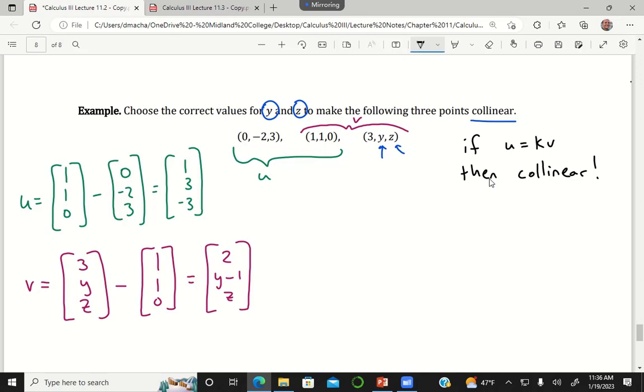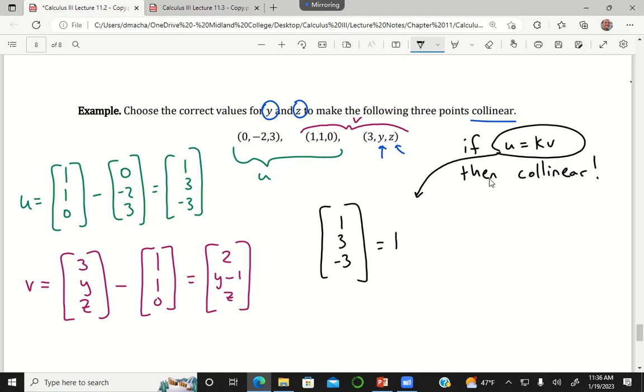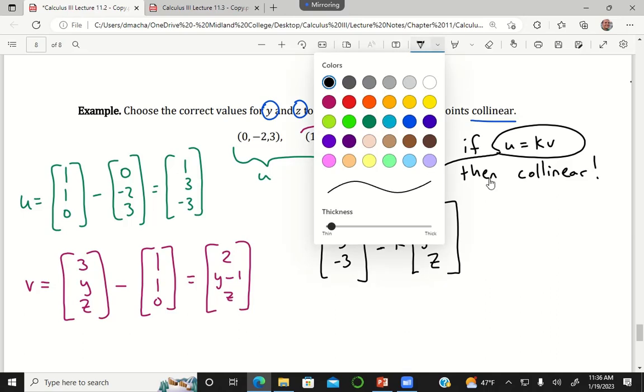So what I want to do then is take this equation, and u is just 1, 3, negative 3. And v is 2, y minus 1, z. So my first question for you guys, what is k?